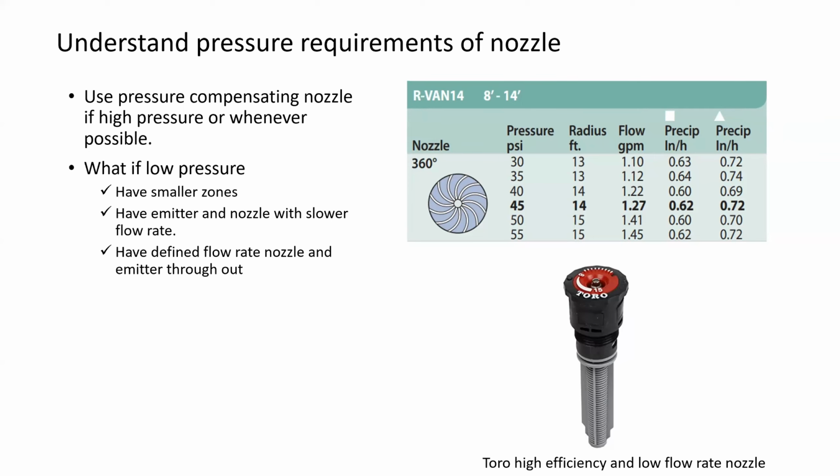Have emitters and nozzles with a slower flow rate, which I will talk about in a later part, and have defined flow rate and nozzle emitter throughput. So you need to know how much water you are applying to the system. These are the crucial elements of pressure and nozzles, and how they interact.